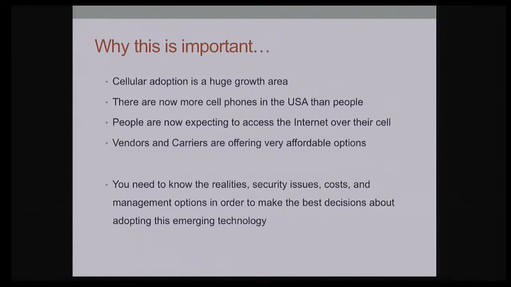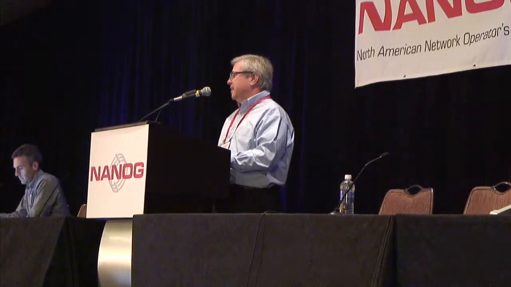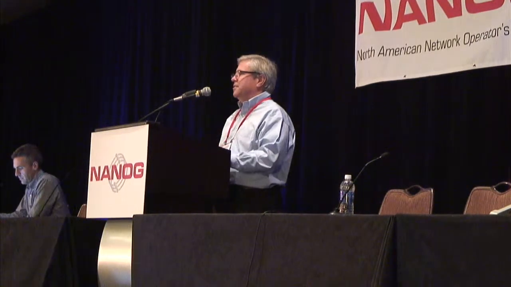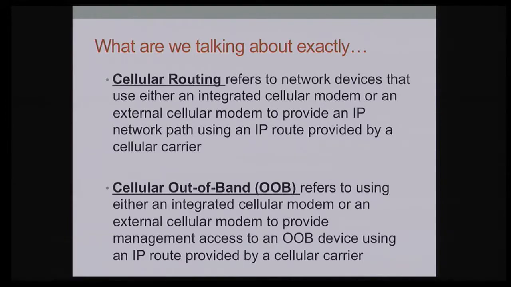And so what this is doing is driving your options and your choices for using cell technology. As network admins, network architects, it's really important to understand your options, your carrier options, your plan options, what the technology is, so that you can make the right decisions about implementing the technology and following best practices around that.